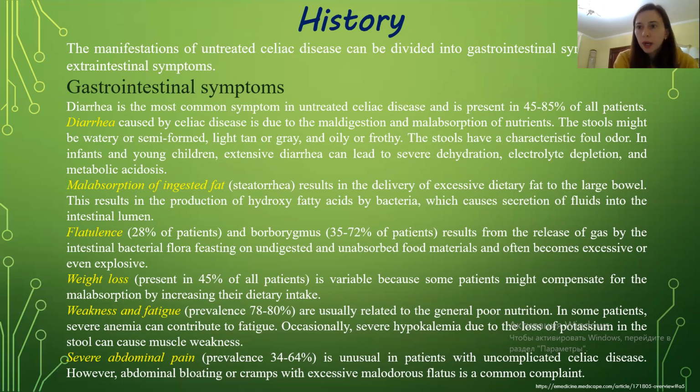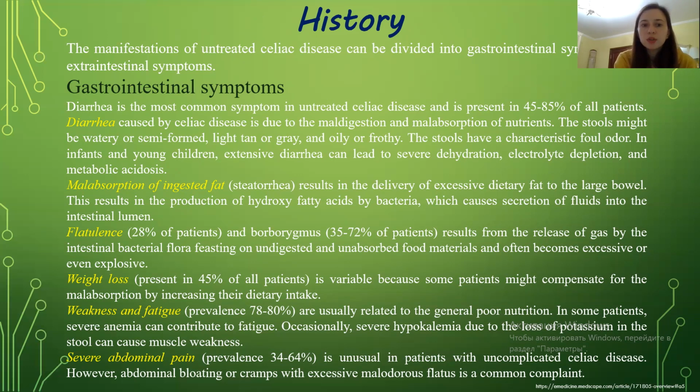Next symptoms, weight loss. Not invariable, because some patients might compensate for the malabsorption by increasing their dietary intake. Next symptoms, weakness and fatigue, are usually related to the general poor nutrition.